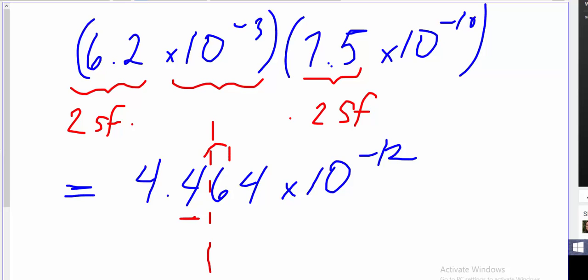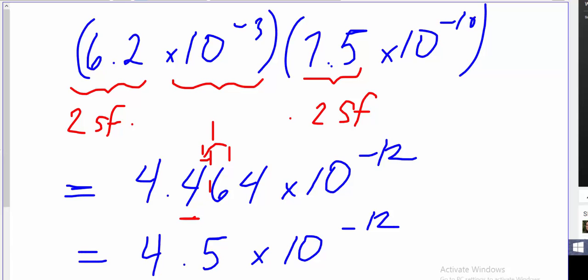The digit after the 4 is a 6, and that is a big enough number to round up my 4. So my final answer is going to be 4.5 times 10 to the negative 12. And that answer has two sig figs.